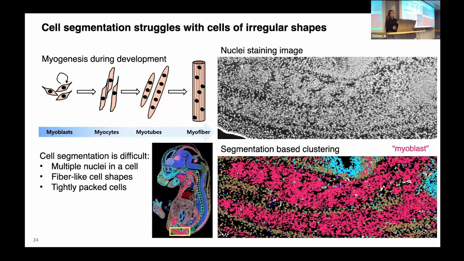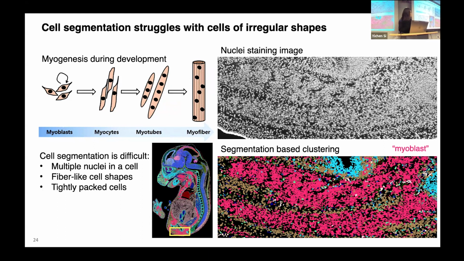So during myogenesis in development, myoblasts are matured into myotubes, and then they fuse together to be myofibers. So cell segmentation is particularly difficult in this later stage, where cells become multinucleated and elongated fiber-like cells.